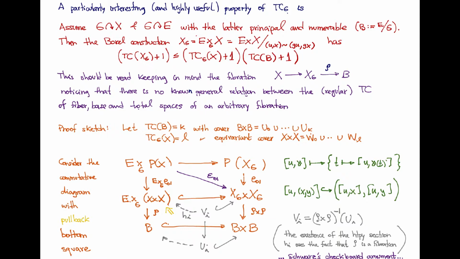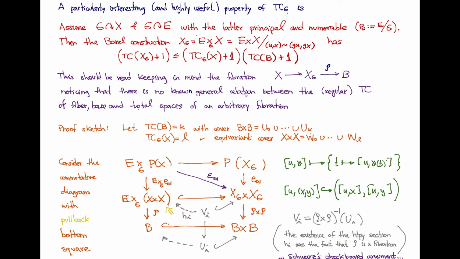It's stronger, takes more of the equivariance of the situation, with a nice property that this formula applies essentially in the right situation, namely it bounds from above the topological complexity of the total space of the fiber G-bundle by the topological complexity of the base plus, not product, the strongly equivariant topological complexity of the fiber.